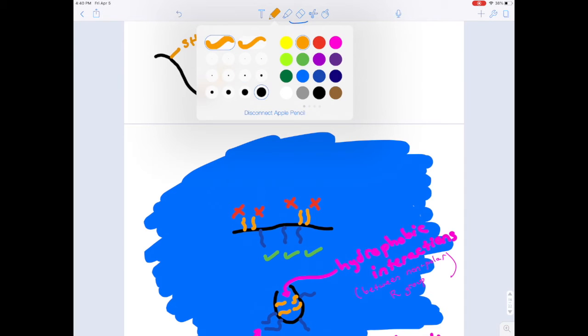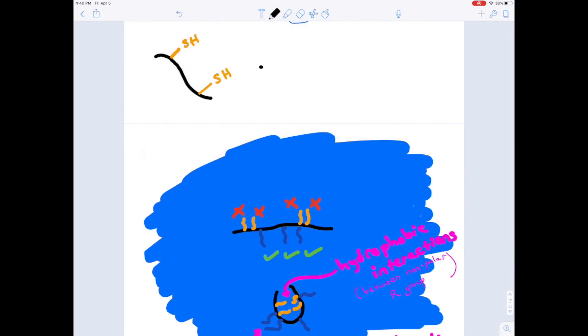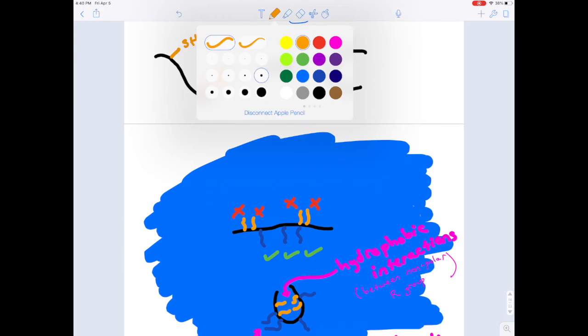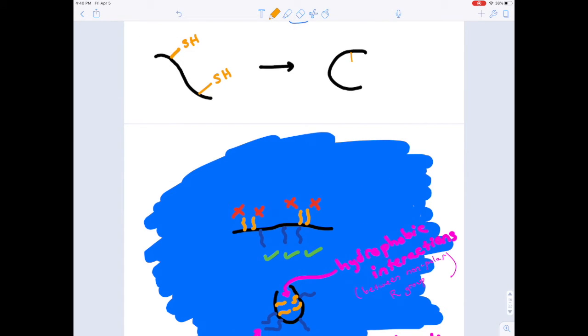Well, those can come together and form a disulfide bond. That's a really, really strong bond. That protein is going to be stuck folded that way, even in very extreme changes in conditions.